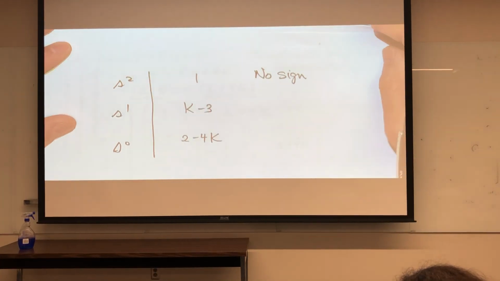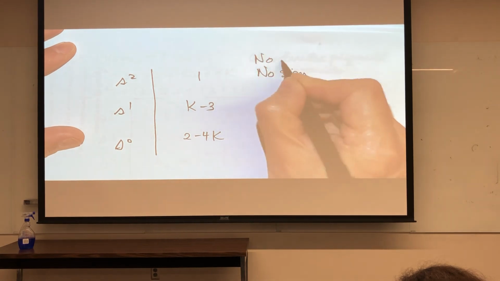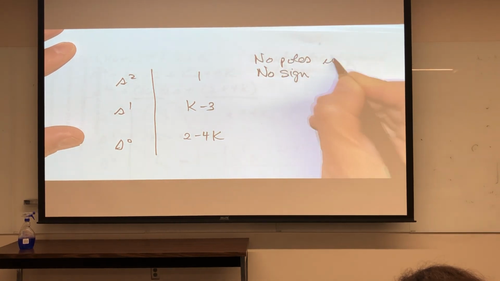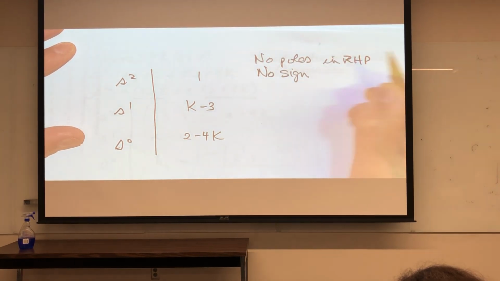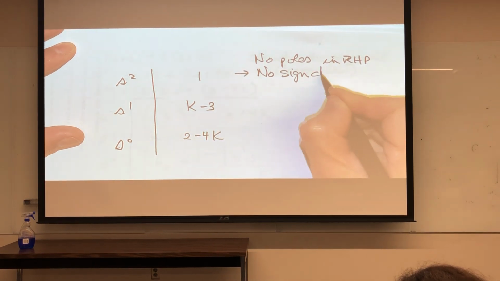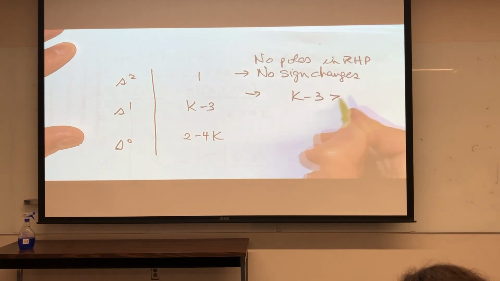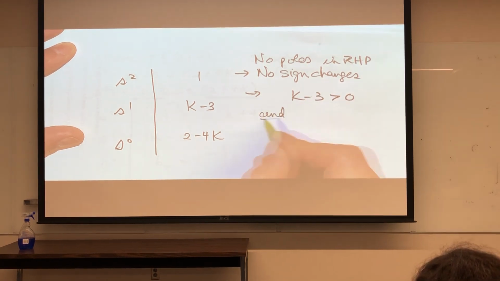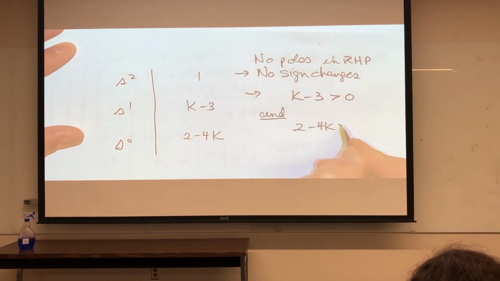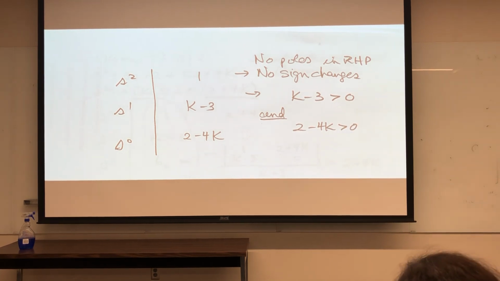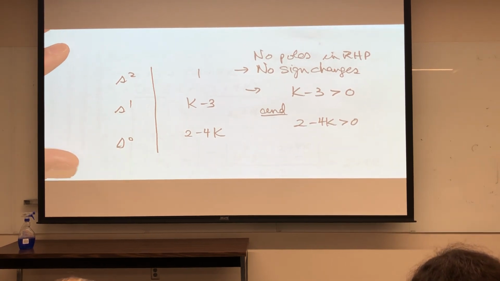If I want a stable system, I want no poles in the right half plane, which means I have no sign changes, which means that K minus 3 has to be greater than 0, and 2 minus 4K has to be greater than 0. I'm sorry, I think that's 2 plus 4K.